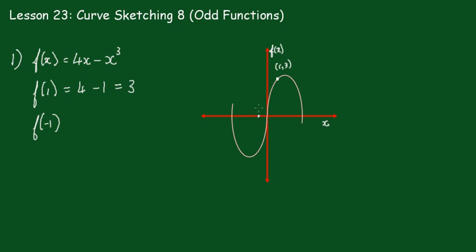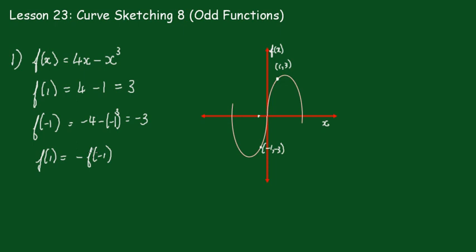And over here we'll put in this other point, putting in minus 1: you're going to get minus 4 minus (-1) cubed, which equals -3. So this point down here is (-1, -3). Now this means that f(1) is equal to minus f(-1).